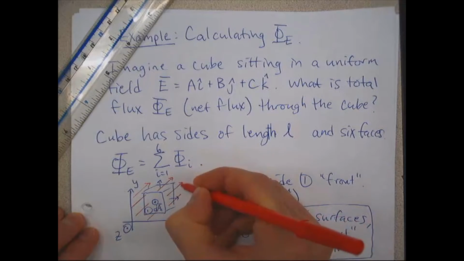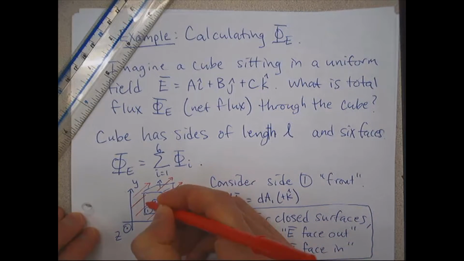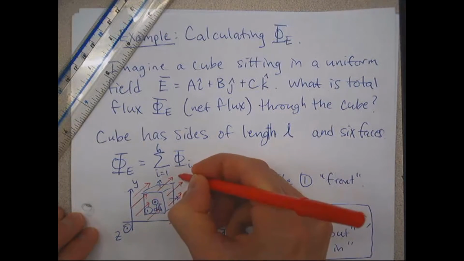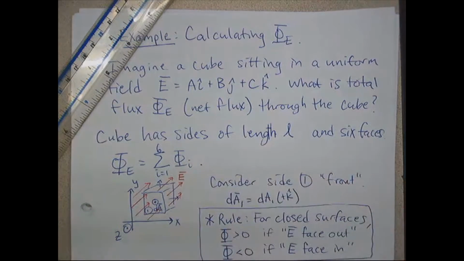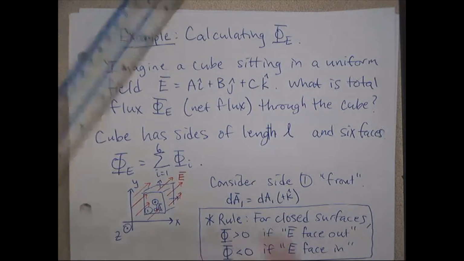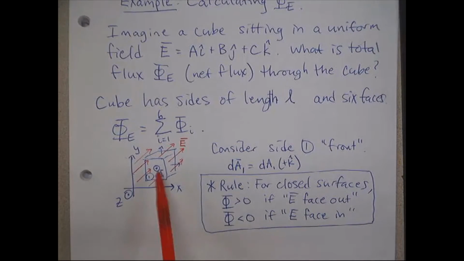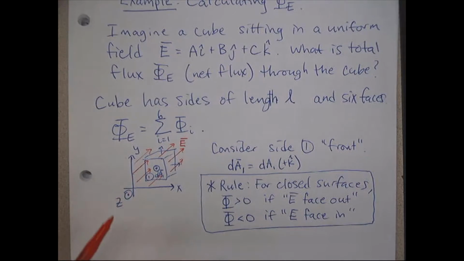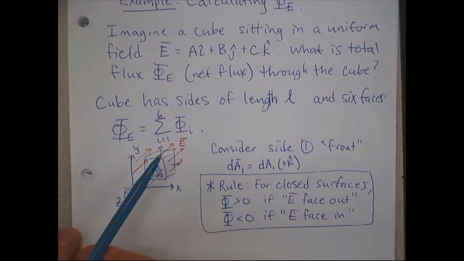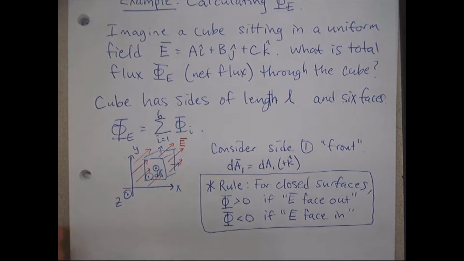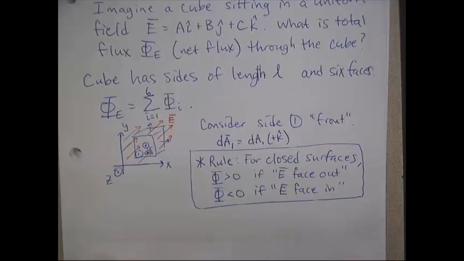So we can put in some representation of that. So you can see now there will be negative flux along certain surfaces of the cube where the E fields appear to be entering the cube, and then there will be positive flux for other surfaces where the E field vectors appear to be leaving the cube.